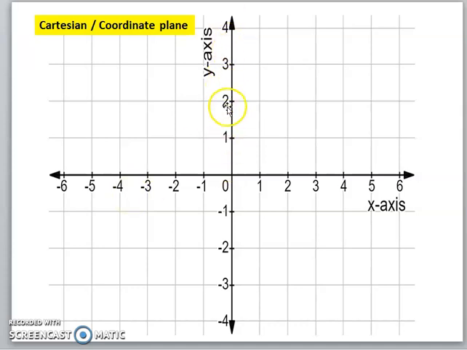This is the y-axis, which is having positive integers above it and negatives below it. So x and y axis are basically 2 mutually perpendicular number lines. They are perpendicular and the point of intersection, that is where they meet, that point is known as origin and written as O.